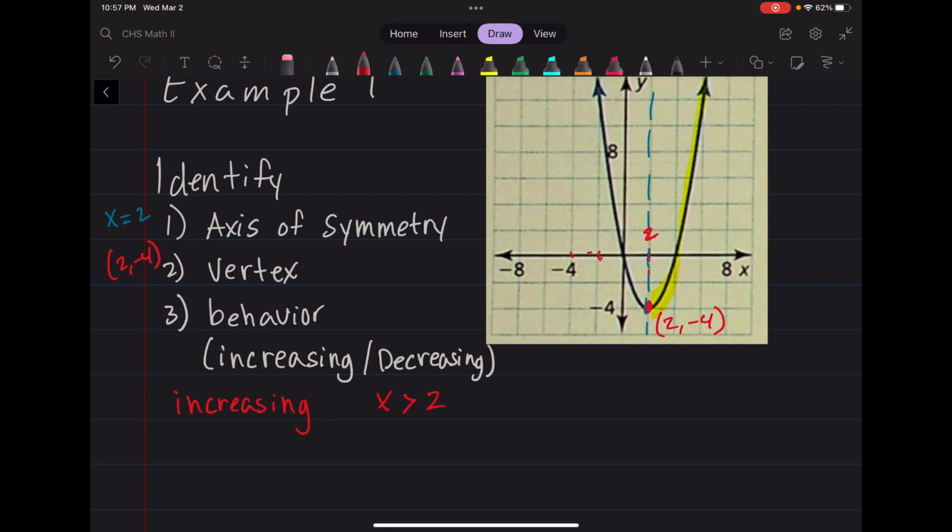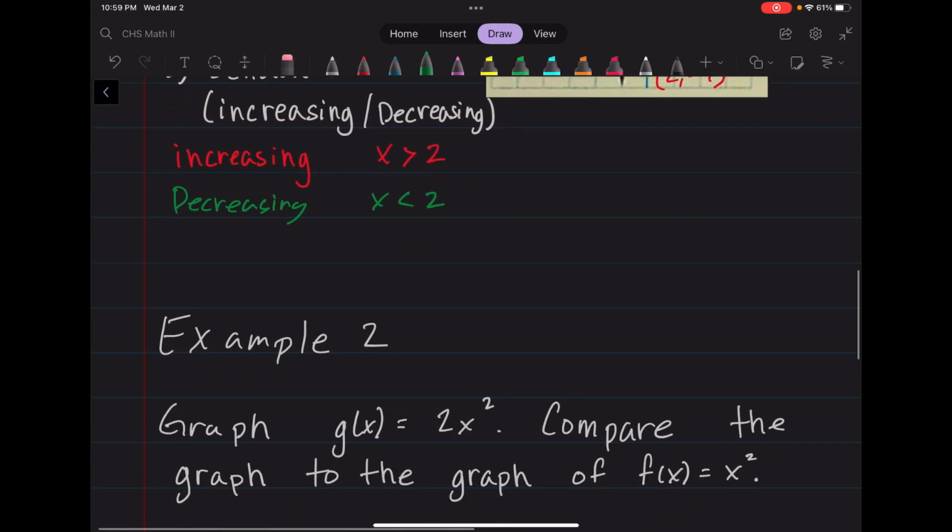When x is greater than 2, my graph is going to continue to increase forever. And if you look at when we're decreasing, I'm just following the graph here. That's when x is less than 2. All right, so that's example 1.